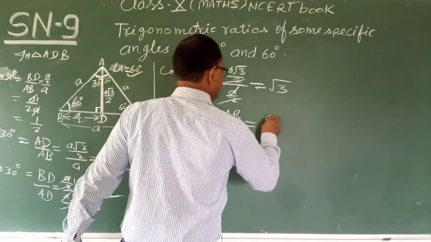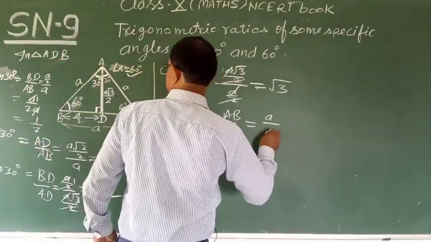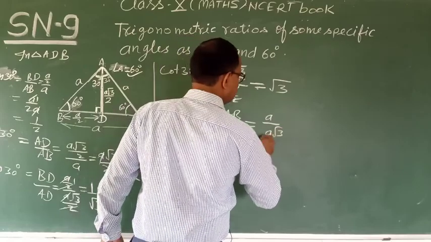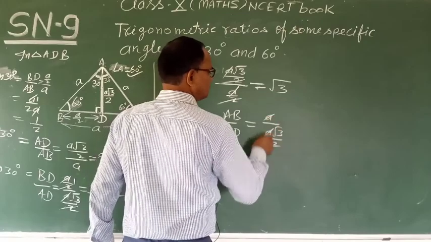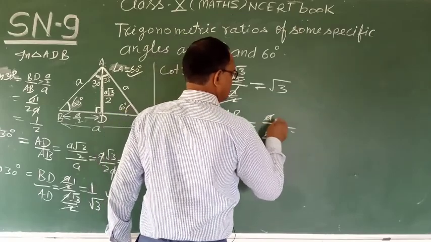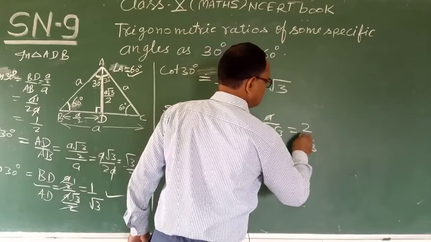Then here A by AD, AD means A root 3 by 2. Here A cancels A and 2 multiplied by A. Then we get 2 by root 3.